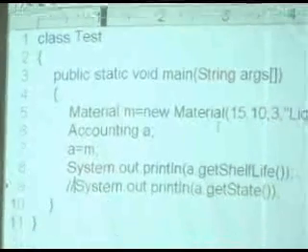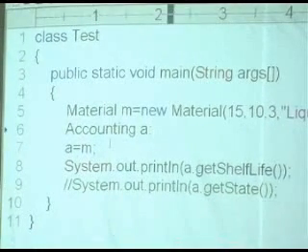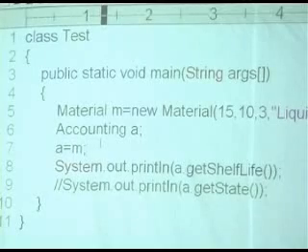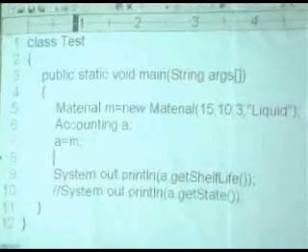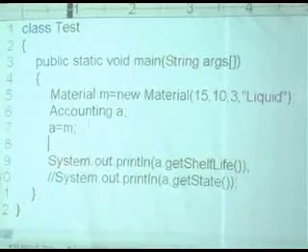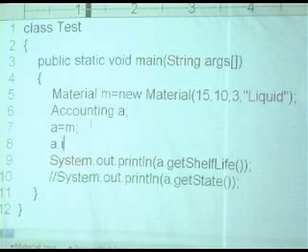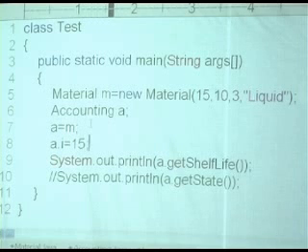So we have an accounting interface which has a variable called I, and that variable I want to manipulate. So I say a.I is equal to 15. Now please understand what I am doing. I am using an interface also as a repository of some variables.